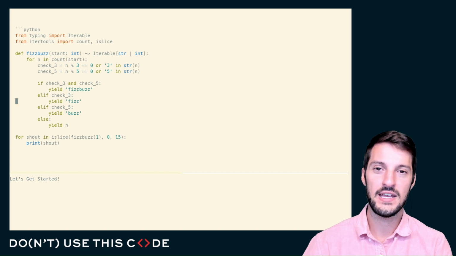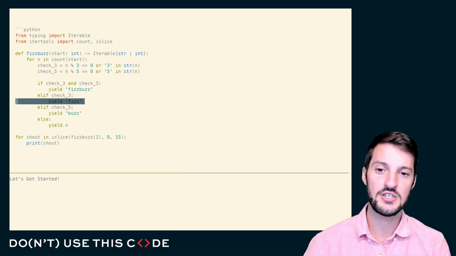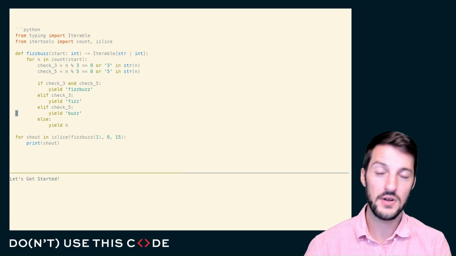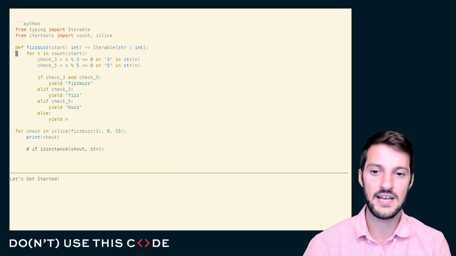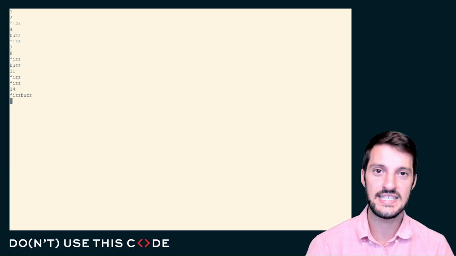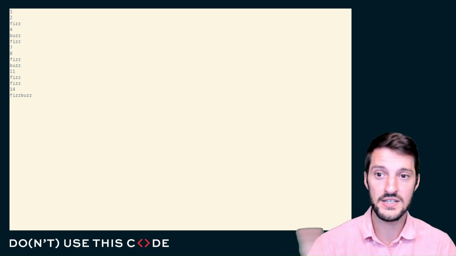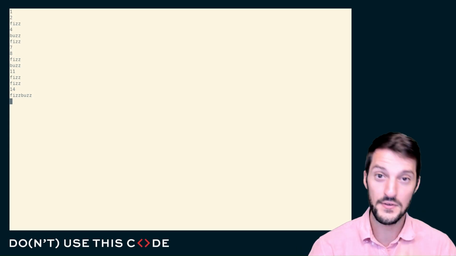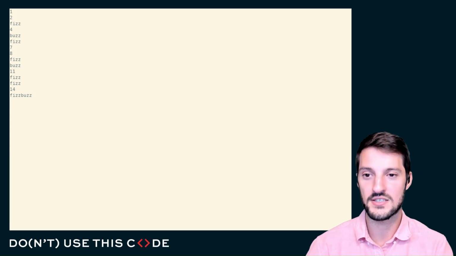If it's divisible by 3 or it has 3 in its value as a string, I just produce fizz. For 5, I produce buzz. Otherwise, I just produce the number itself. And so when we run this, we see our game of FizzBuzz is indeed being played correctly. I say 1, 2, fizz, 4, buzz, fizz, 7, 8, and then on 15, it's divisible by both 3 and 5, so I say fizz, buzz.